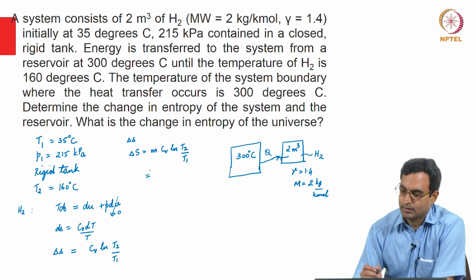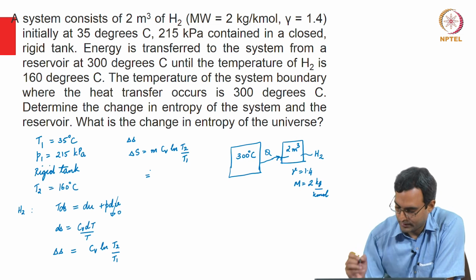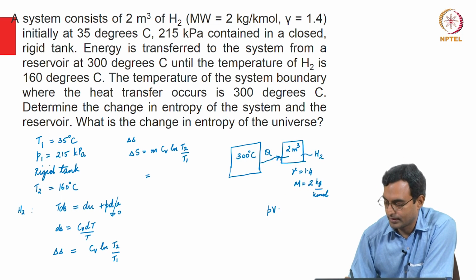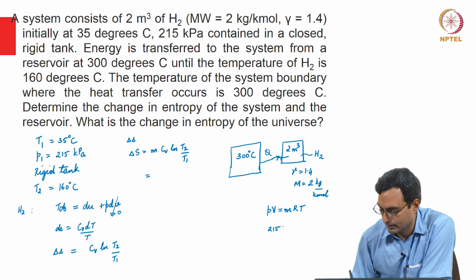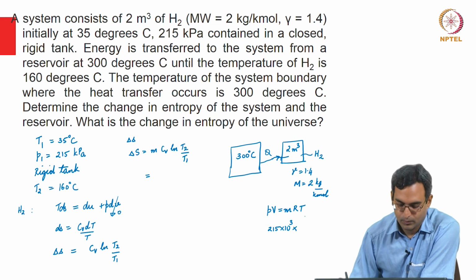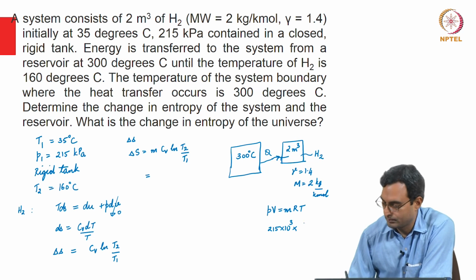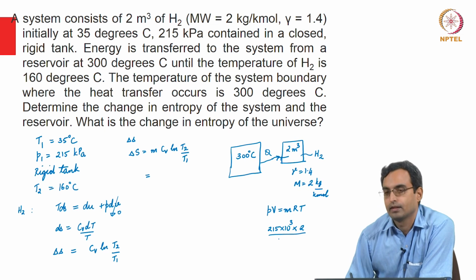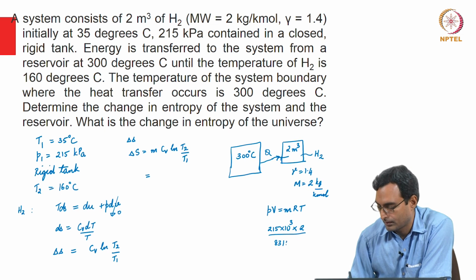So the mass is not given, but I know this is an ideal gas, which means I can use the ideal gas equation of state. I need to find out m. The pressure is given as 215 kilopascals, that's 215 times 10^3 pascals. The volume is given as 2 meter cube. R is 8314.5 divided by molecular weight.